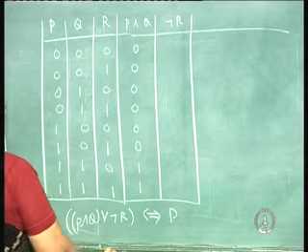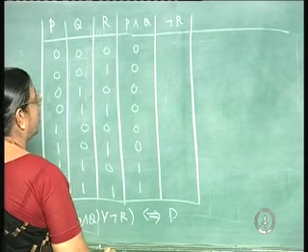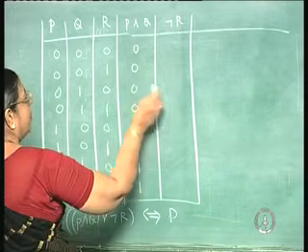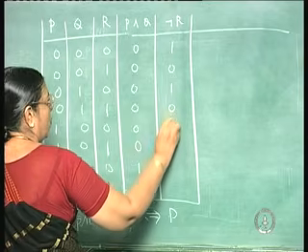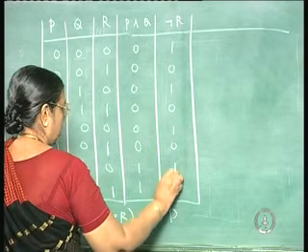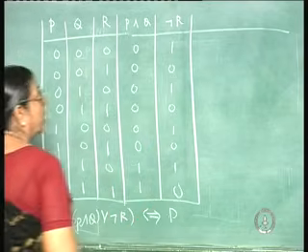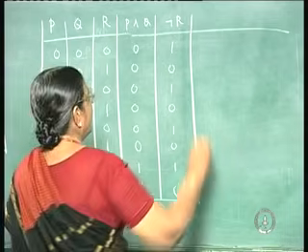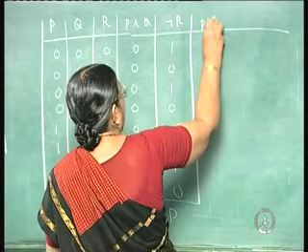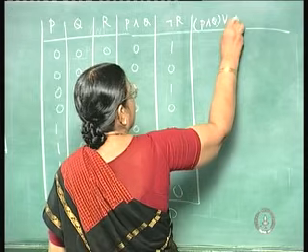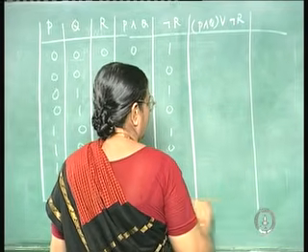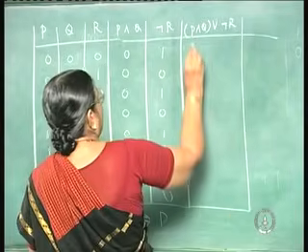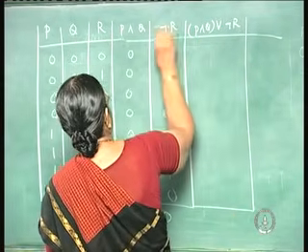When is not R true? When R is false, and it is false when R is true. So you will get 1 0 1 0 1 0 1 0. Now you have the expression for P and Q or not R. You are ORing this and this.